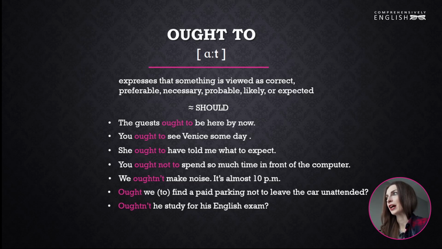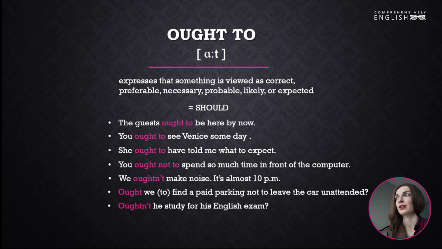So as you see, unlike should, which is possible in all of the sentences, ought is followed by to. All modal verbs are followed by the bare infinitive. What is special about this verb? Why is it on the list of semi-modals?